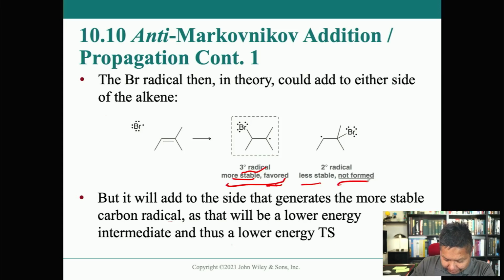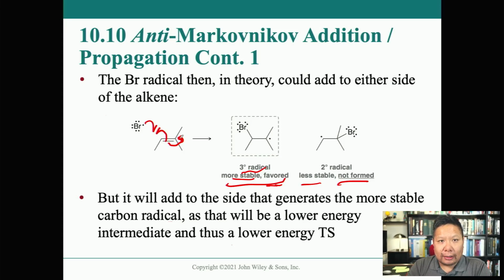And so the bromine radical will add itself to the alkene, leaving you then with a tertiary radical over there, right?